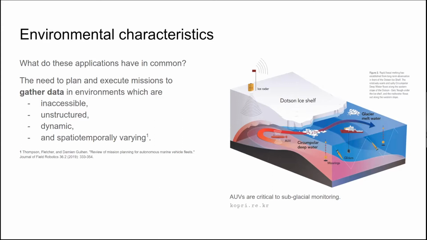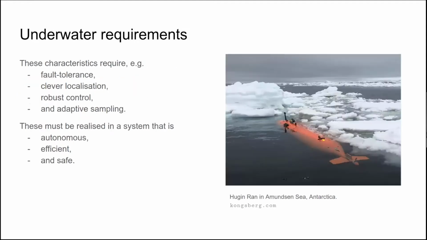I mean, there it's just crazy. Your AUV is gone for hours, the environment is unknown, and everything's moving around. All these environmental characteristics require fault tolerance, clever localization, among other things. And all of this has to be achieved in a system that's autonomous, efficient, and safe.